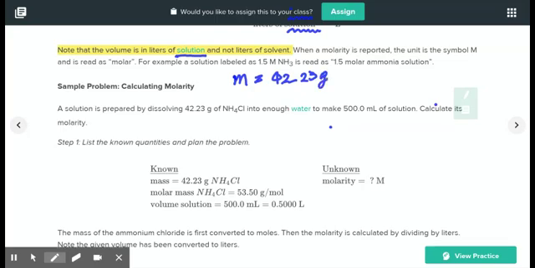And the total amount you make is 500 ml of solution, so the volume of solution is 500 ml.